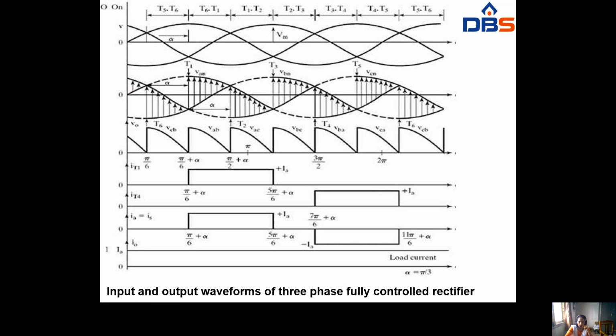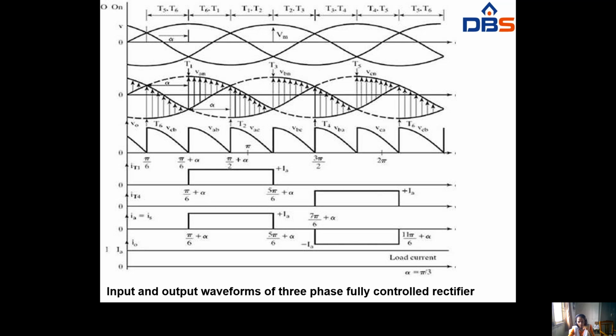So we have to see the waveforms here. At starting, this is the input voltage. So this is VAB, and VA, VB and VC. These are the lines. At starting, T5 and T6 will be conducting. Whenever the trigger is given, T5 will be reverse biased and turned off after T6, and T1 will be conducting.